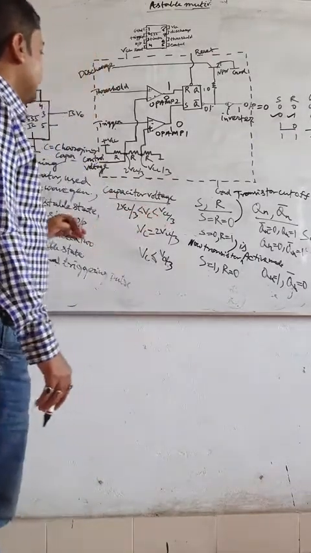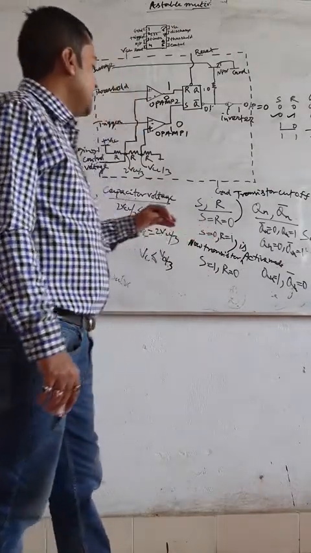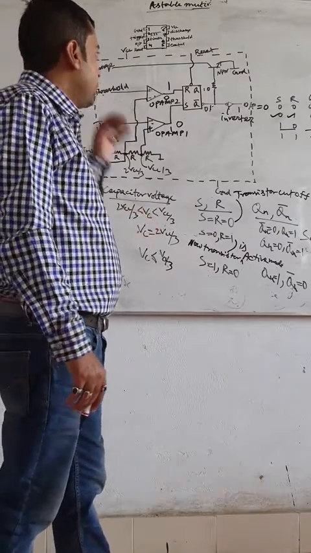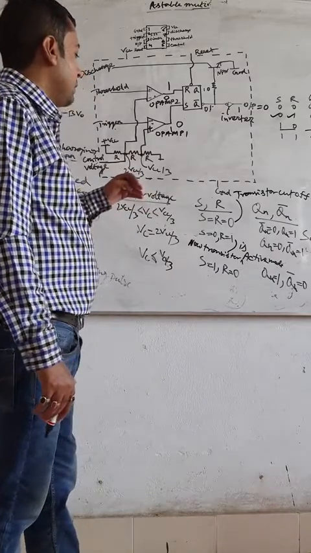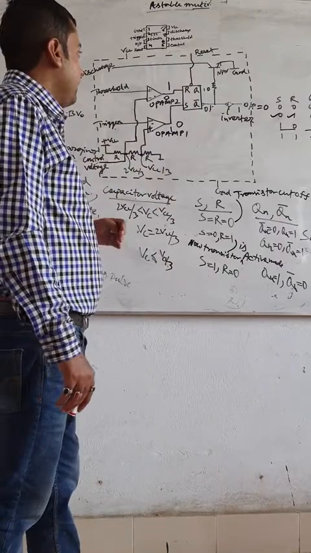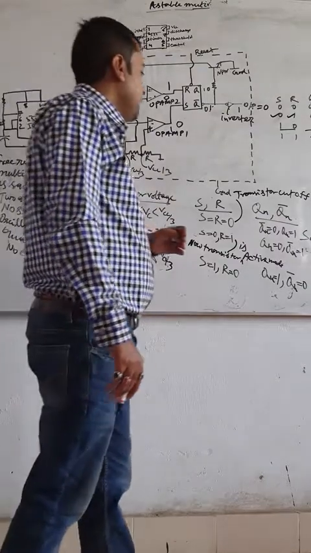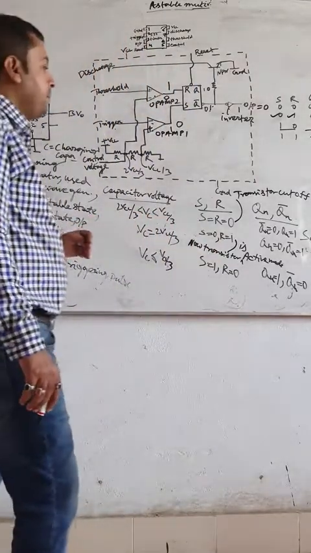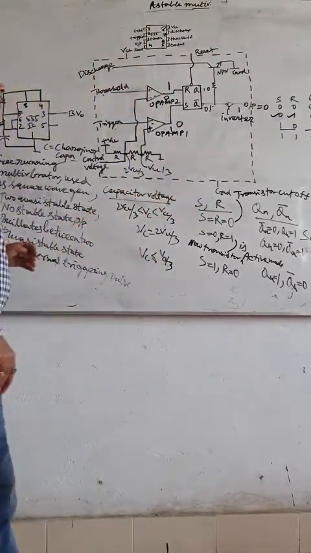Now, when the capacitor voltage reaches 2 Vcc by 3, the flip flop is in the reset condition. Qn is equal to 0, Qn bar is equal to 1. If Qn bar is equal to 1, the transistor will be in active state, and the output will be logic low.